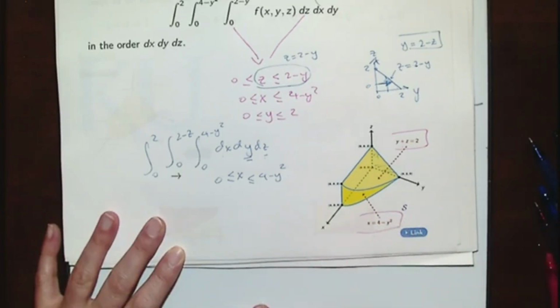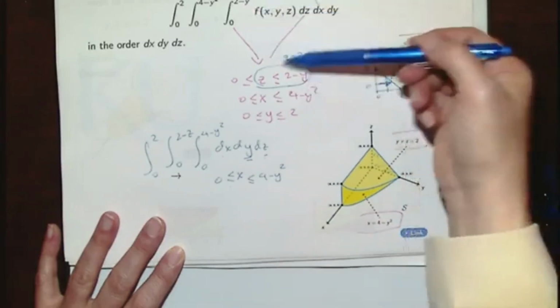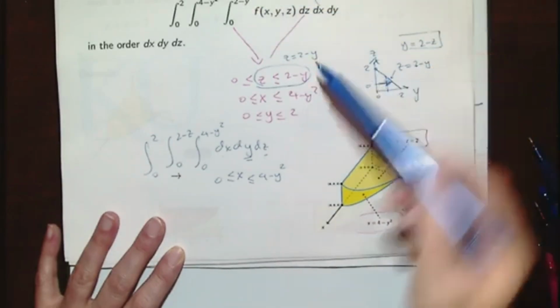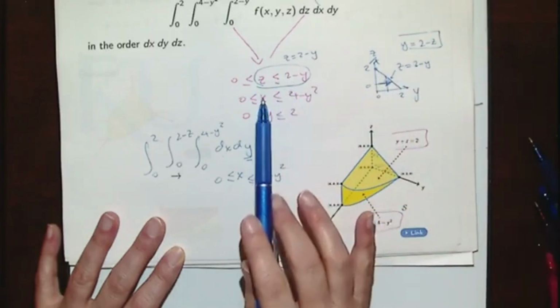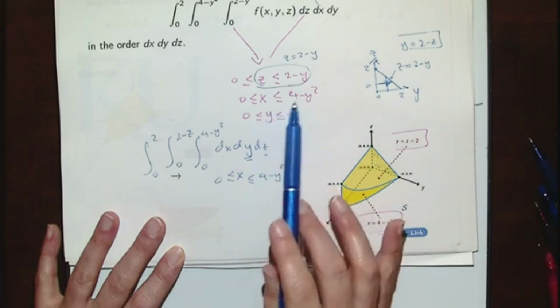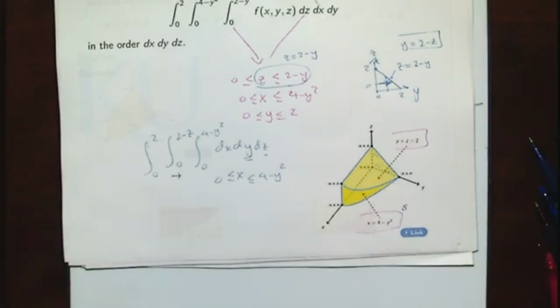Either one would work. But you have to tell the picture from these inequalities, which the first one gives you z equal to 2 minus y squared, x equal to 4 minus y squared, and y equal to 2. And then from there, you basically pick up. Fair game?